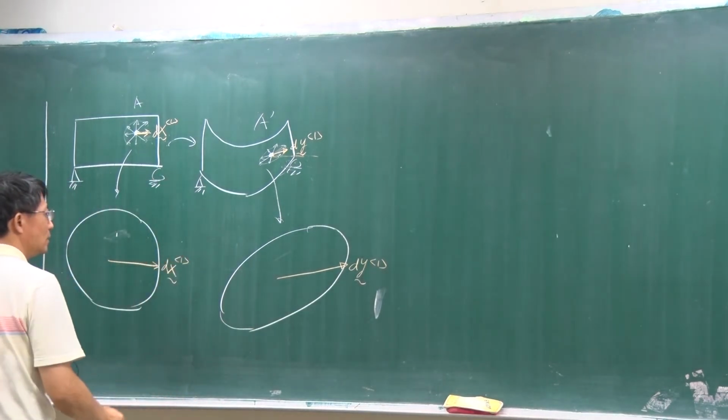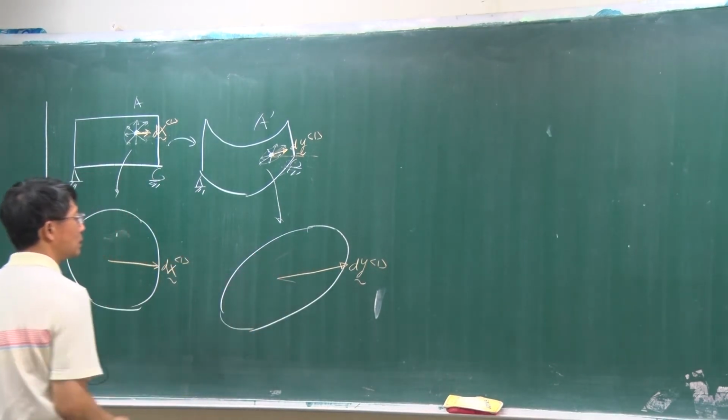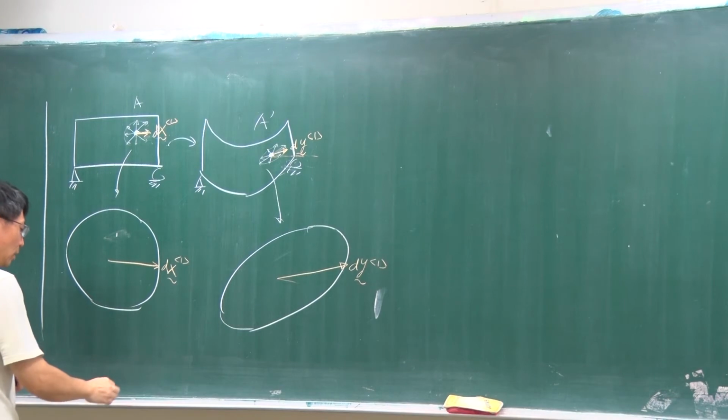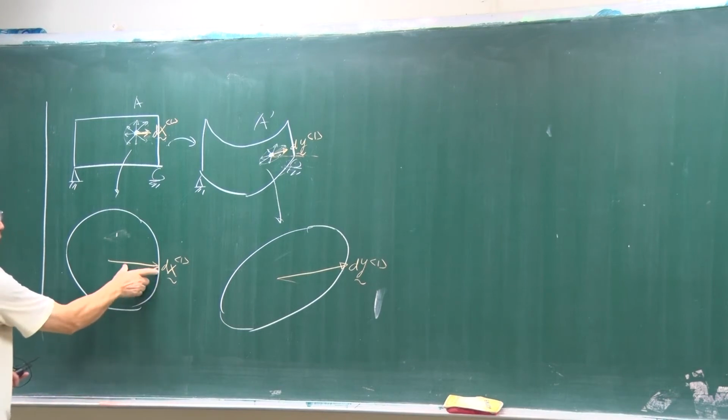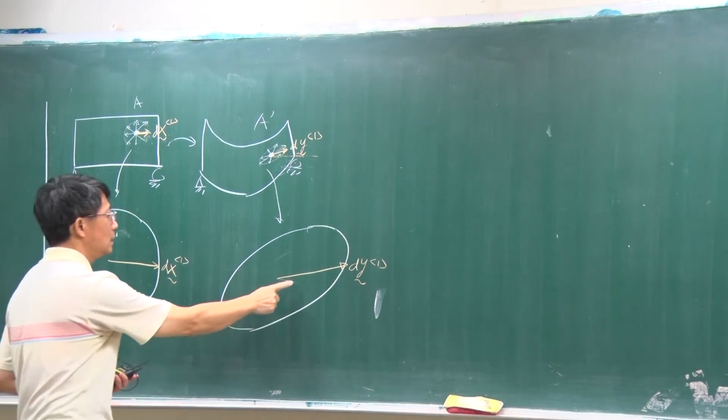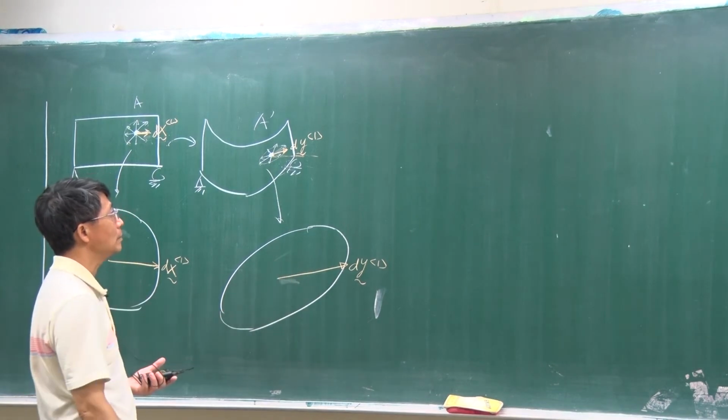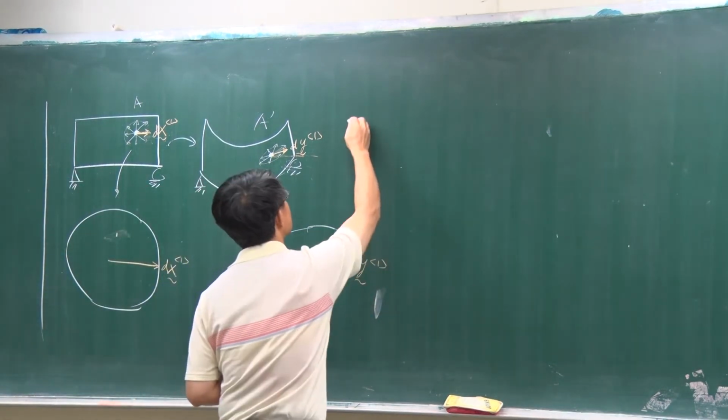Like this, not in the horizontal direction now. This vector also has its length.